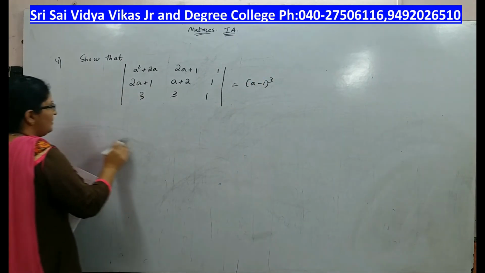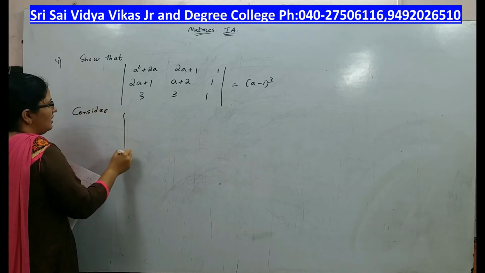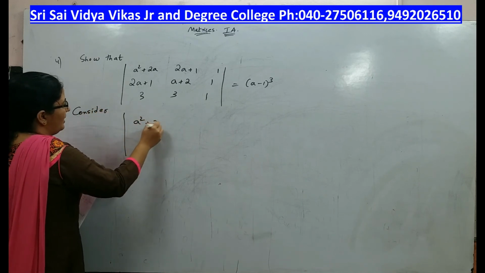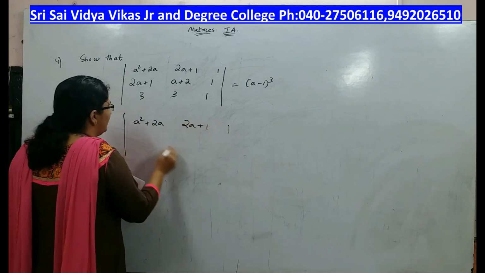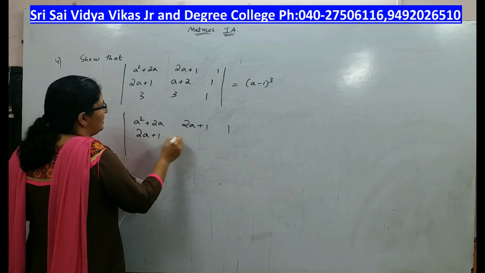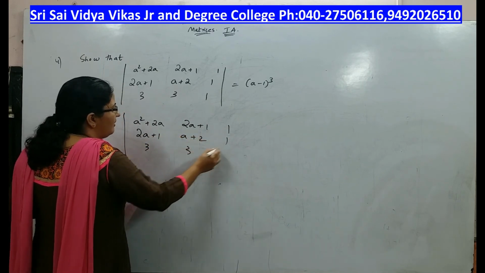Now consider a square plus 2a, 2a plus 1, 1, 2a plus 1, a plus 2, 1, 3, 3, 1.